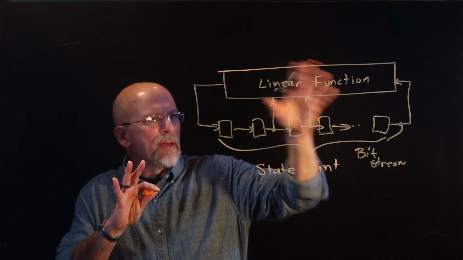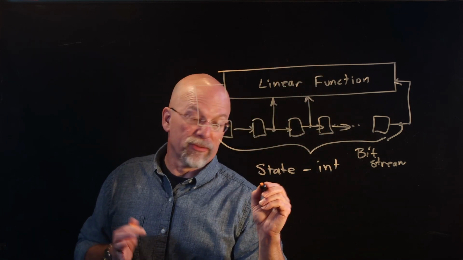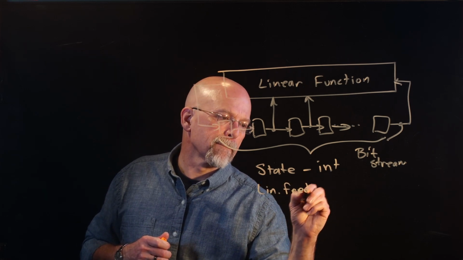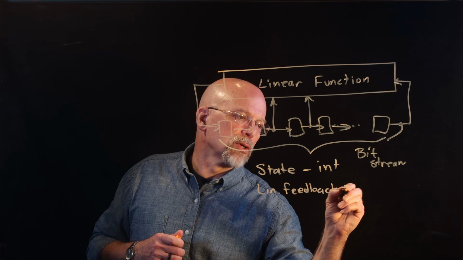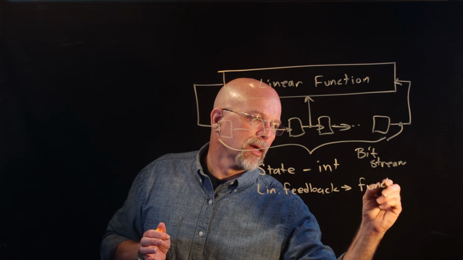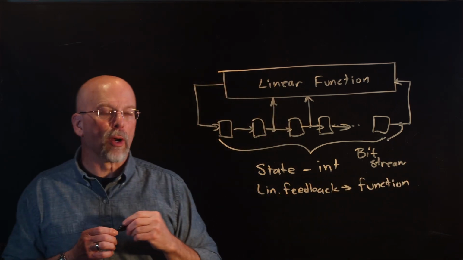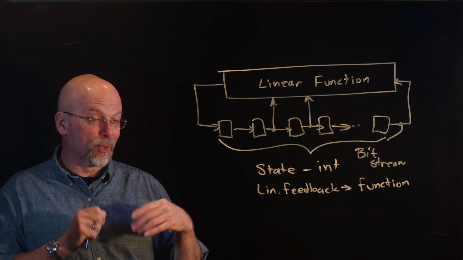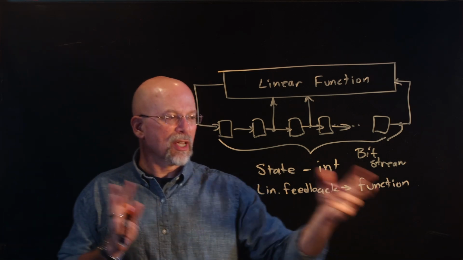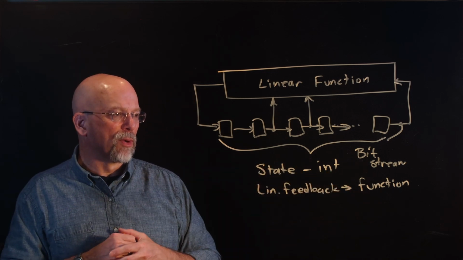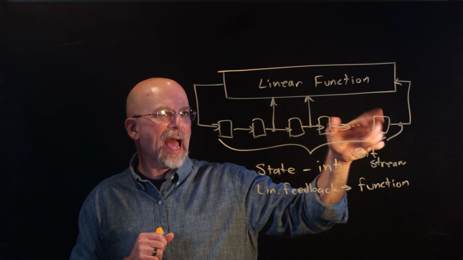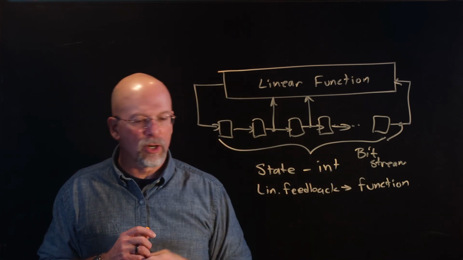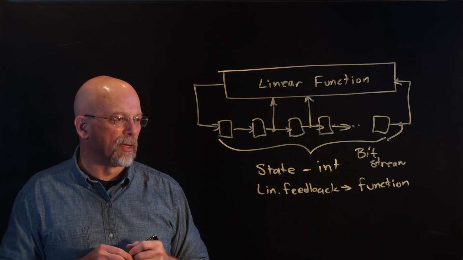Then the linear feedback function is going to be a function, and it is going to return either a 1 or a 0. We're going to receive as our inputs a pattern of 1s and 0s representing the taps, and we are going to generate a single bit to be returned whenever we call this linear feedback function.